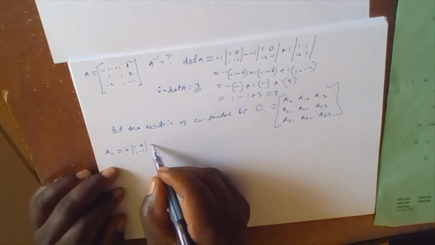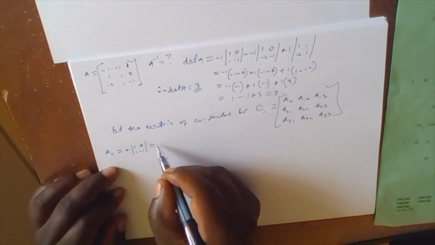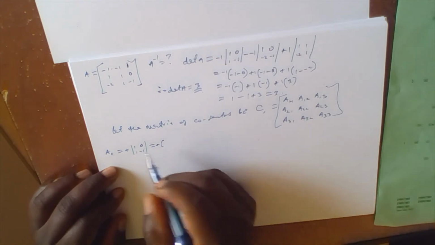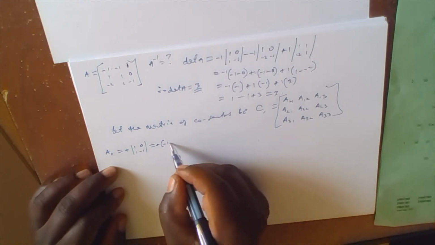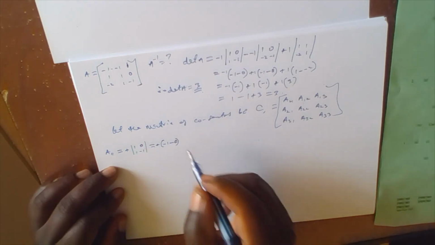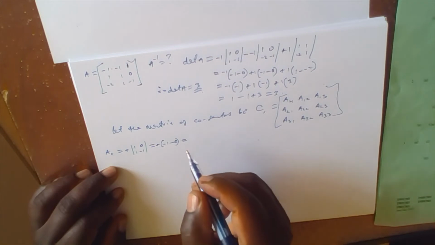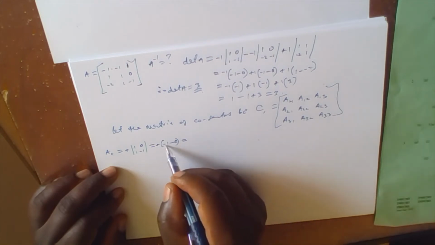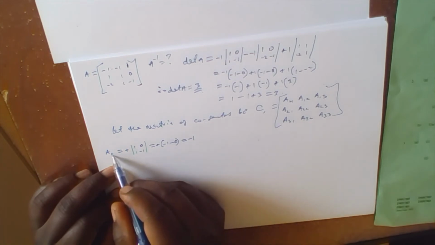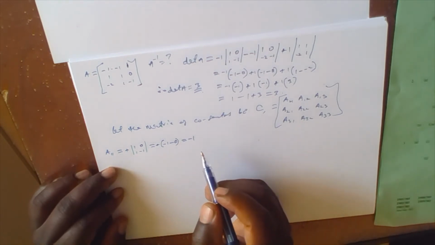Then when we expand this, it will be equal to the place sign positive into negative 1 times 1, you have negative 1, minus 1 times 0, it will be 0. So this equals negative 1. So A11 equals negative 1.